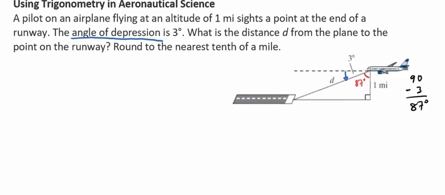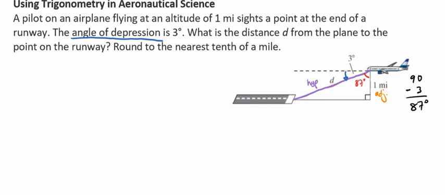And we're trying to find the distance from the plane to the runway. So that distance is right here. And that's our hypotenuse, right? So we're looking for our hypotenuse, and we were given our adjacent side.